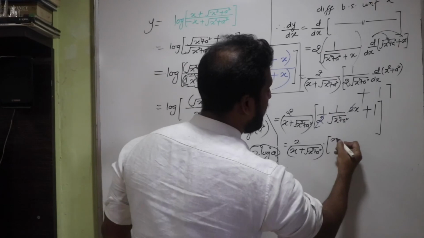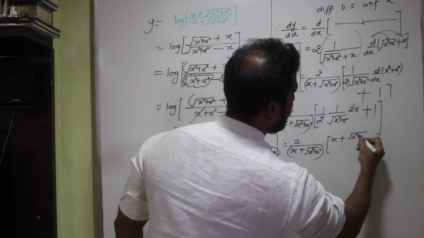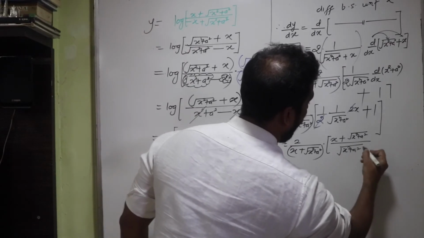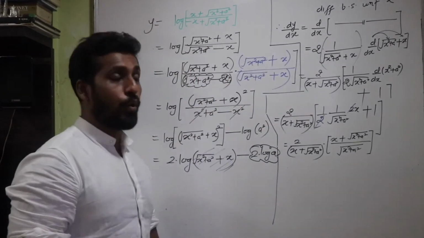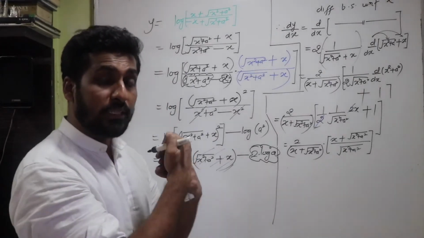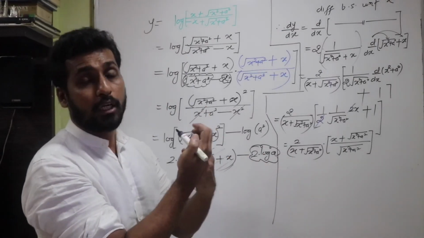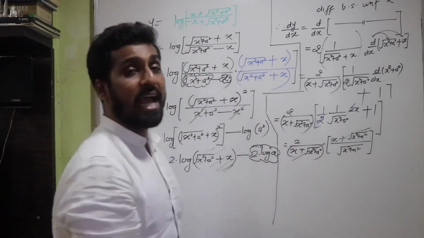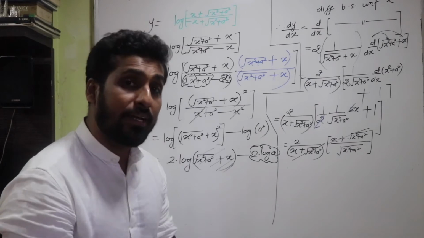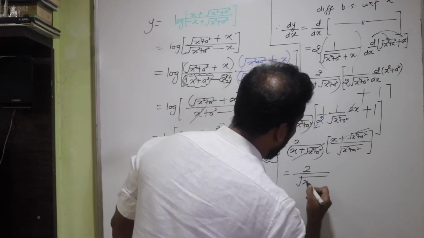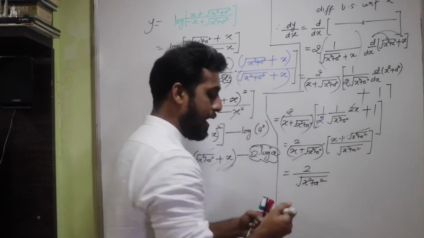Do the cross multiplication, you get x plus root of x square plus a square upon root of x square plus a square. So have you observed there are two terms, one present in the numerator and the other one in the denominator, which can be entirely cancelled, and the final answer that you are going to get is 2 upon root of x square plus a square.